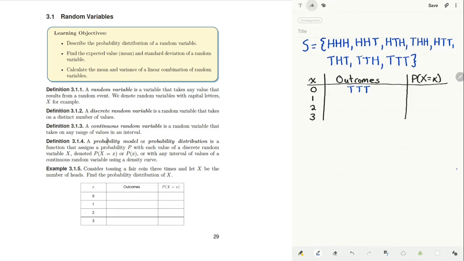We have heads, tails, tails, or we could have tails, heads, tails, or tails, tails, and heads. For the value of 2, there are 3 possible outcomes for 2 heads, which are heads, heads, tails, heads, tails, heads, or tails, heads, heads. And lastly, for the value of 3, there's only 1 outcome for 3 heads.